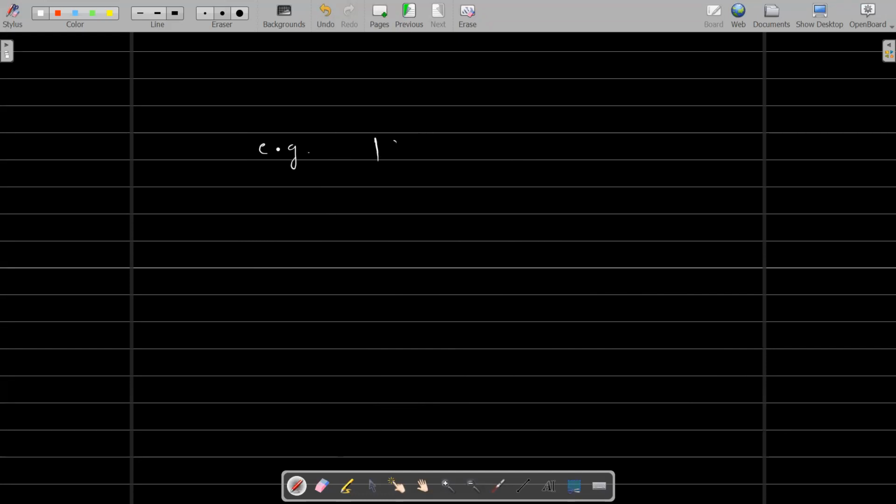let's say 18. 18 I can write as 2 into 3 into 3, right? And all are primes. So 18 I can express as a product of primes and in a unique way, except the order. Maybe somebody can write 3 into 3 into 2, or 3 into 2 into 3, and so on.